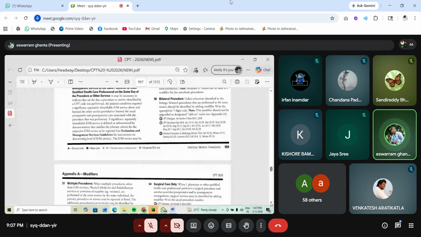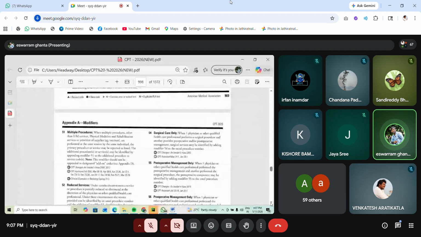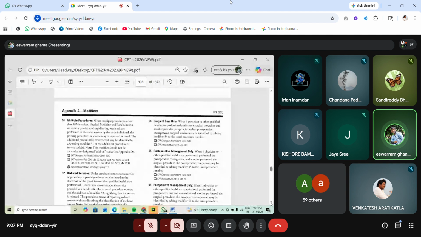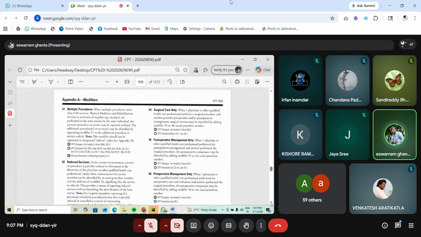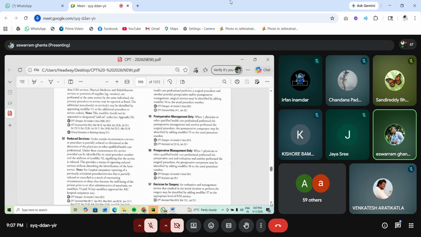Tomorrow I will list out the important modifiers which are useful from your examination point of view and also for your interview purposes. Those list of modifiers we will discuss from tomorrow onwards. Tomorrow and the day after tomorrow at most we will complete the modifiers, and from the day after tomorrow onwards I'll go with the chapter series.